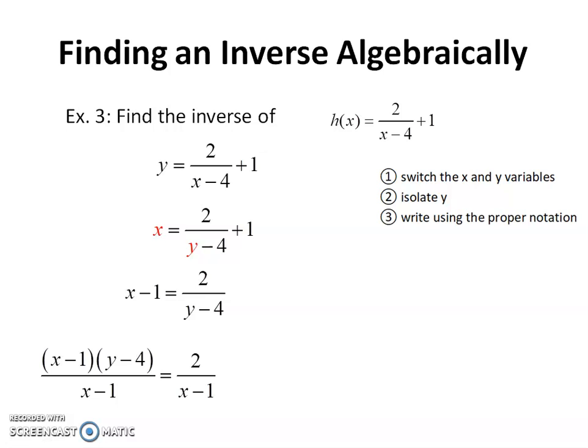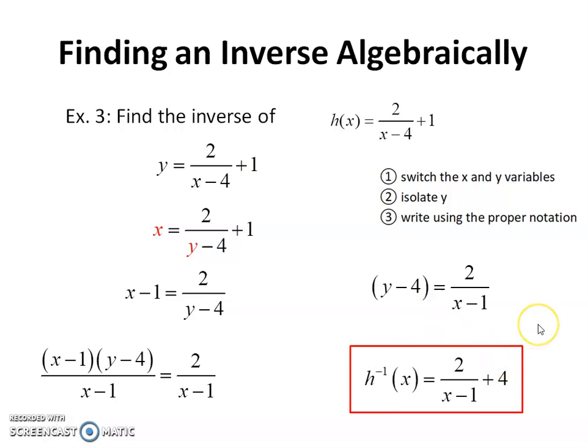In the next steps, I did it at the same time, I divided both sides by x minus 1, because I again want the y by itself. What ends up happening is that I swap their positions, and I end up with something that looks like this. So these x minus 1s cancel out, if you remember when we did rational expressions. And then I would add 4 to both sides. That's where I get the inverse of that function. The algebra there is a little bit different, but the idea is the same.